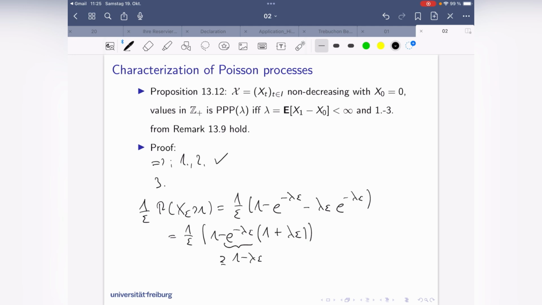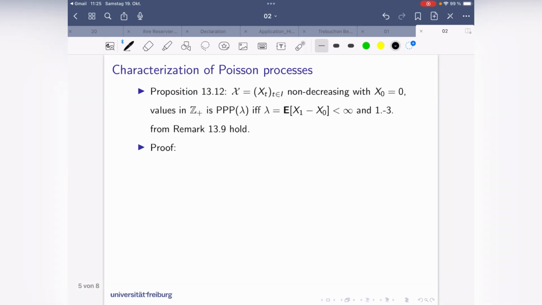Because it carries a minus sign, I can bound from above by 1 minus lambda epsilon times 1 plus lambda epsilon, which you can compute as lambda square epsilon square. Divided by epsilon, that's lambda square epsilon, which of course goes to 0 as epsilon goes to 0. And we have proved the third property.